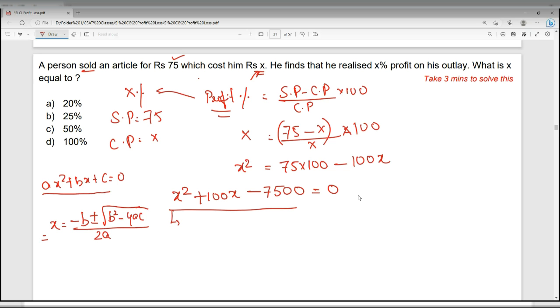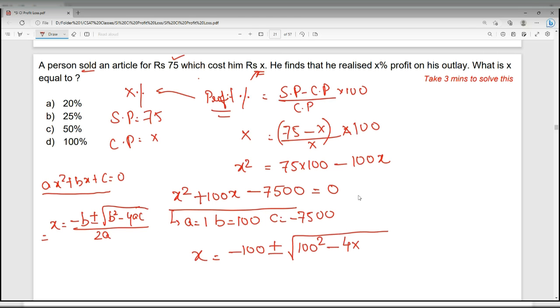In this equation, a is equal to 1, b is equal to 100, c is equal to minus 7500. So substituting that here, x is equal to minus 100 plus or minus root of 100 square minus 4 into 1 into minus 7500, divided by 2 into 1.